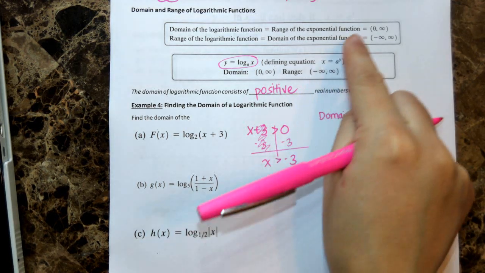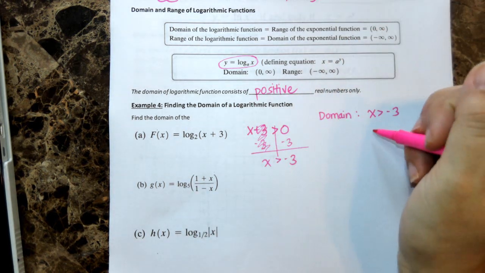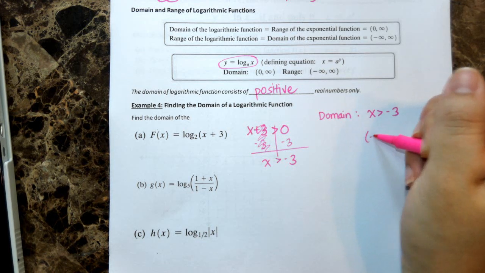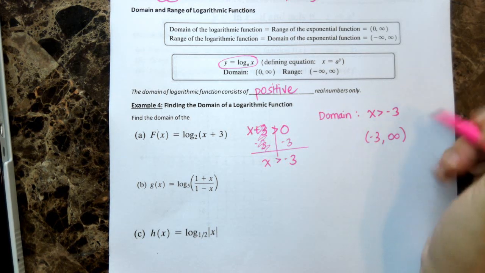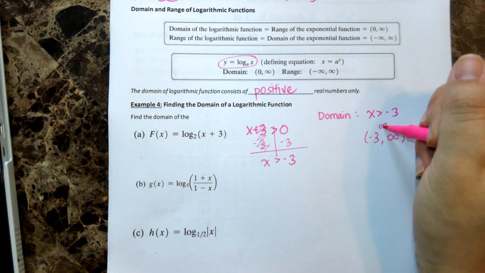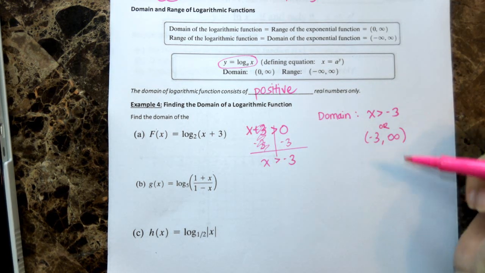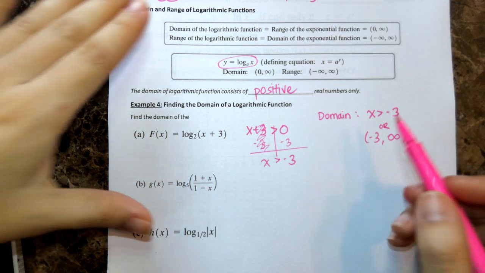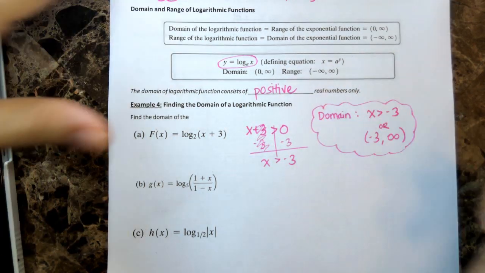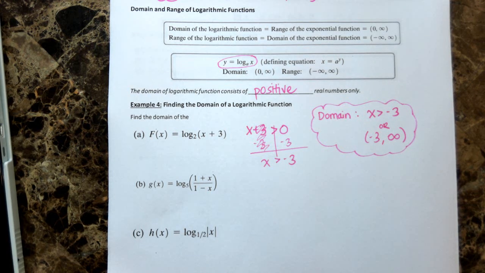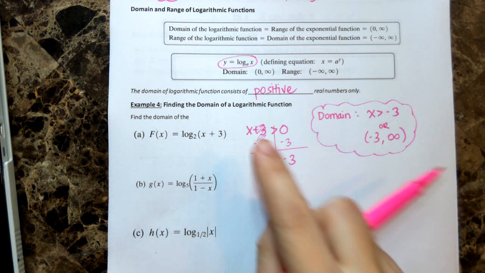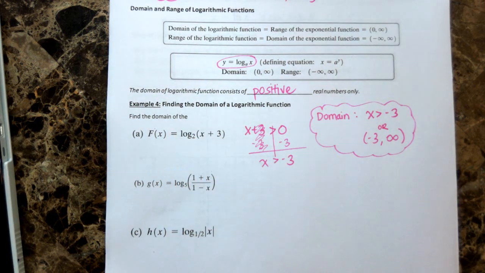Some people might prefer interval notation, so you can write it as negative 3 to infinity, pretty much everything that's bigger than negative 3. Either way is fine. I'm not sure which way it takes on my math lab, or I might take both, but I'll write both methods in case you want one or the other. And there's our domain, and all that's saying is that we just have to have an x value that's greater than negative 3 for this function to work.